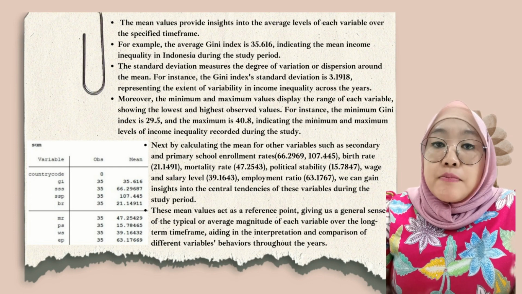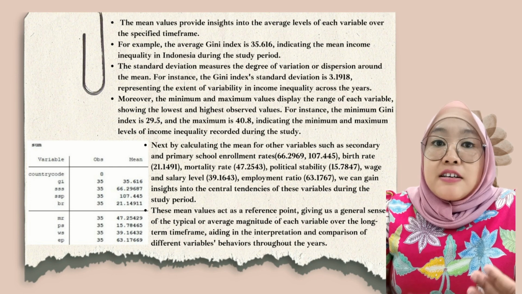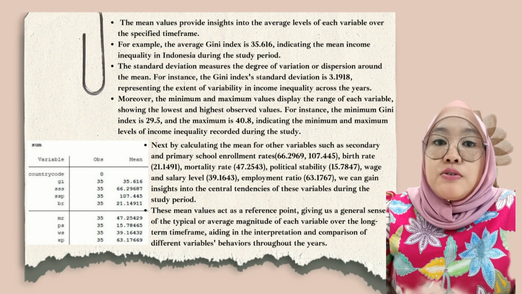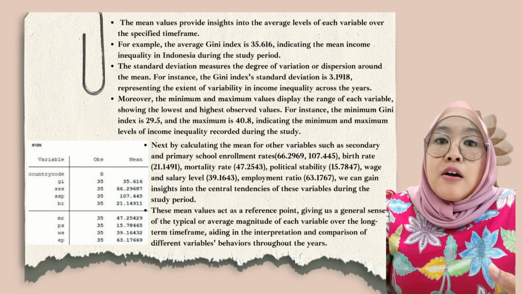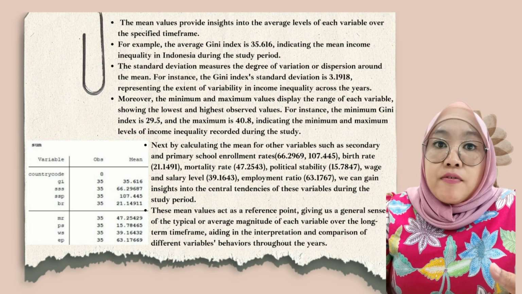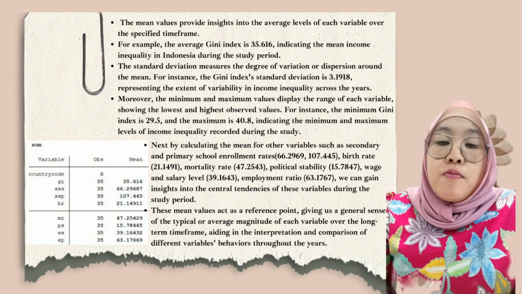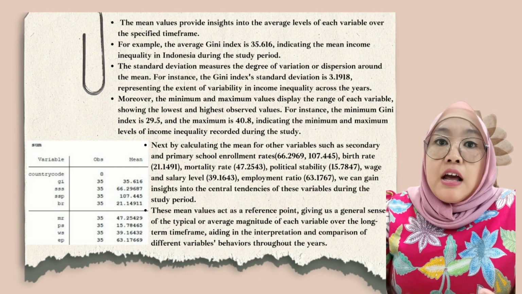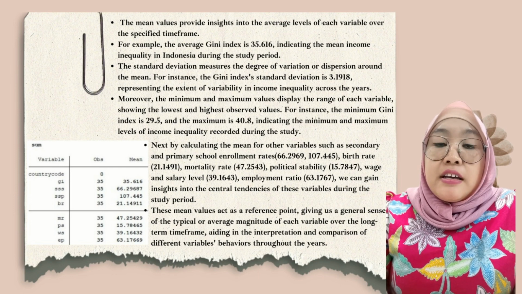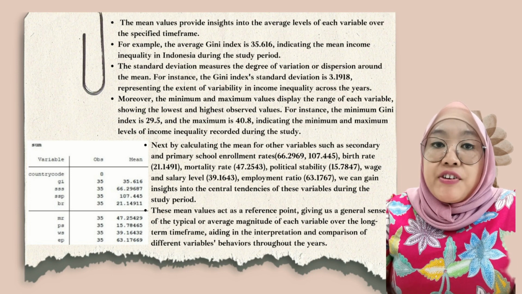Next, by calculating the mean for other variables, such as secondary and primary school enrollment rates, 66.3, 107.4, birth rate 21.1, mortality rate 47.2, political stability, employment rate, we can get insight into the central tendencies of these variables during the study period.